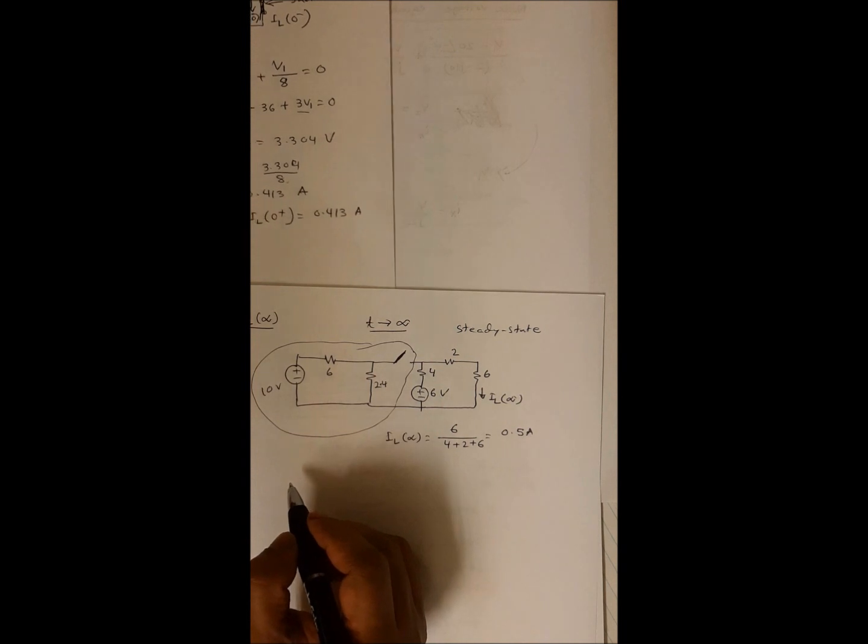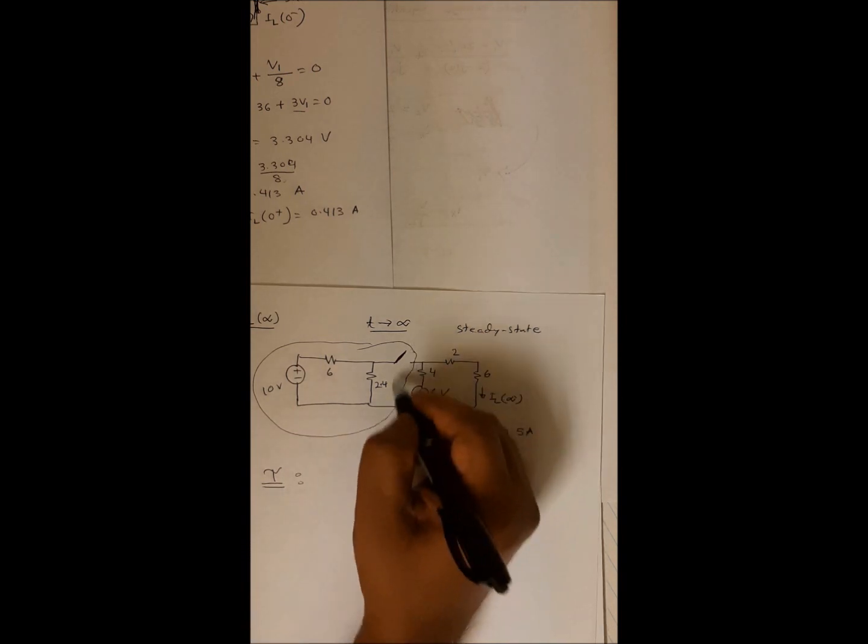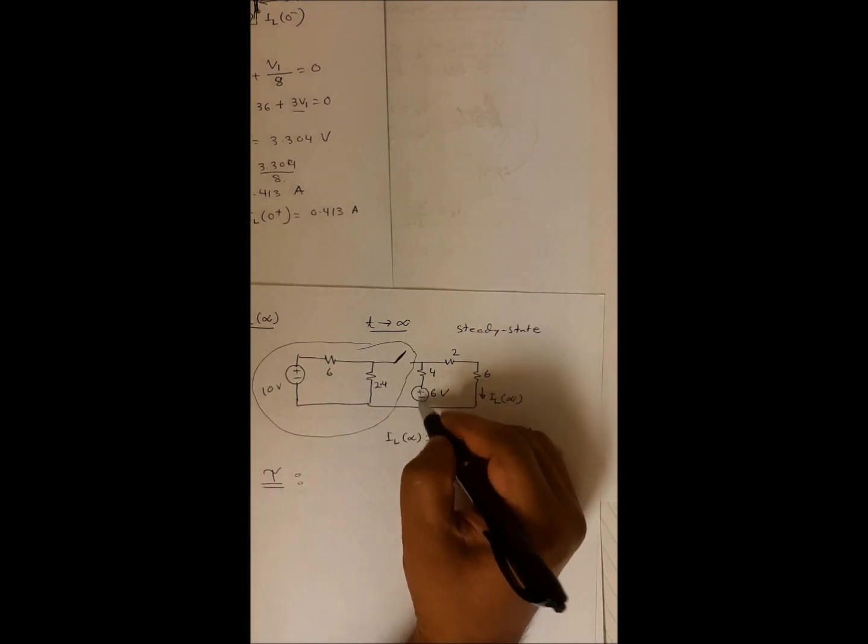Now we need to find tau. For tau, I took this circuit with this part with the voltage eliminated.